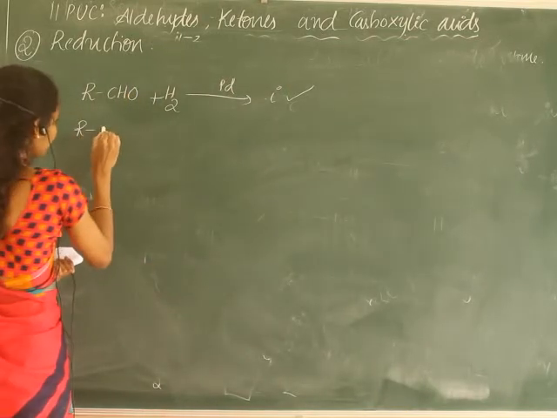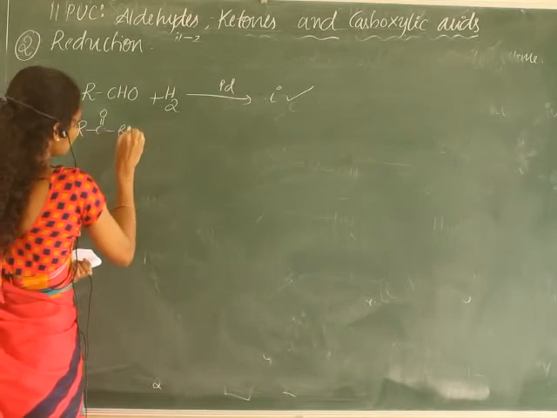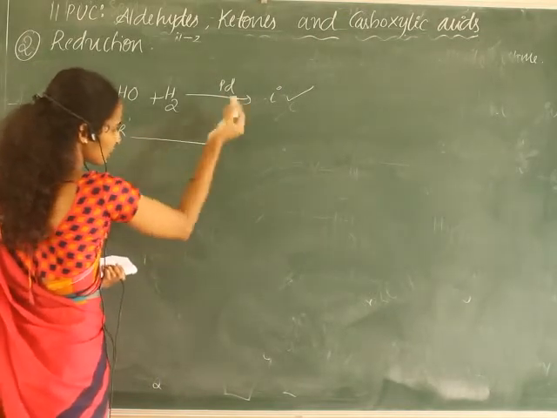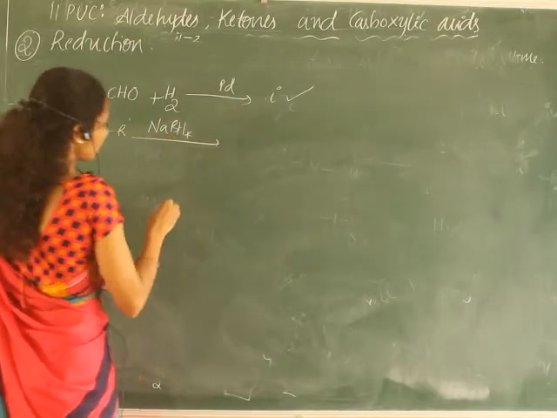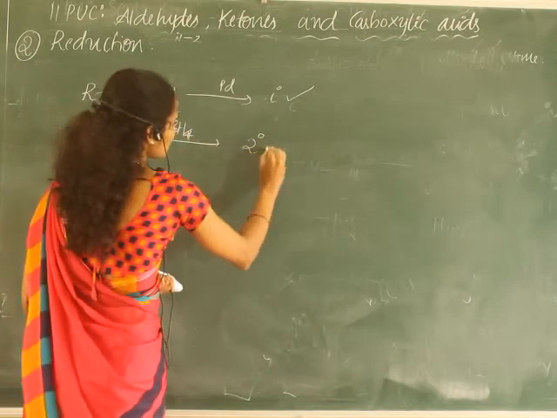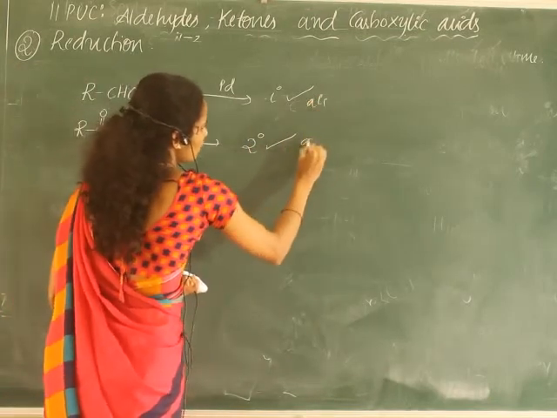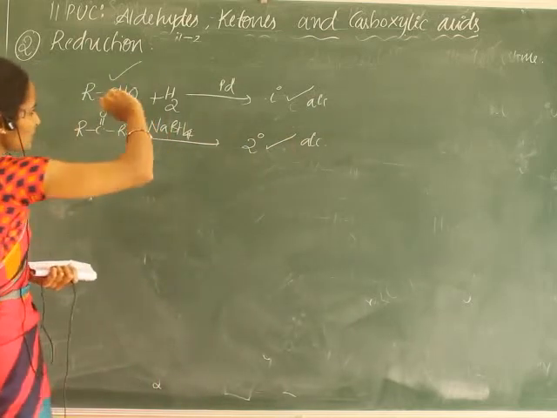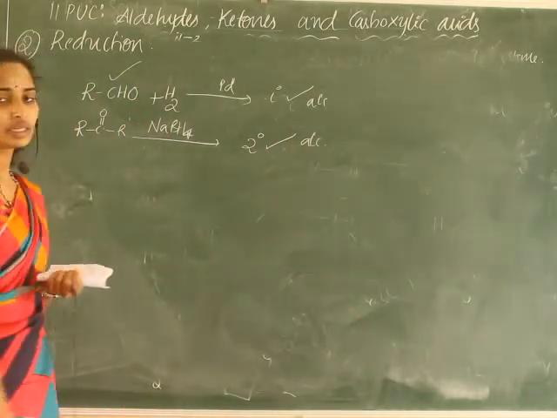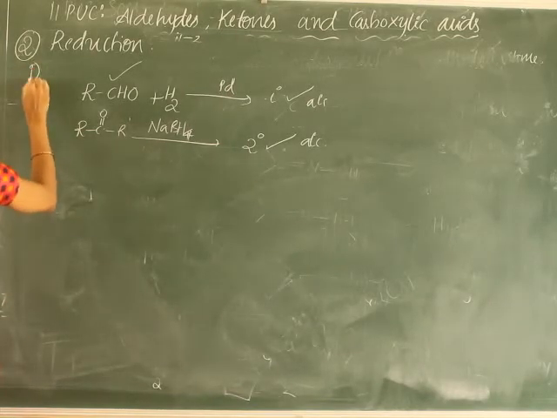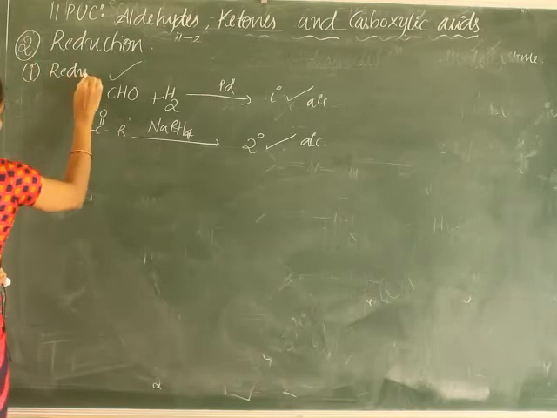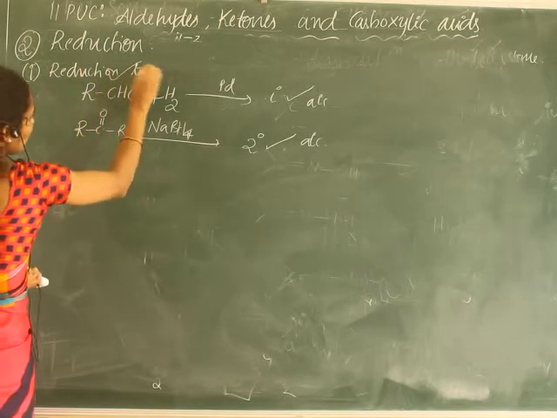And if we take a ketone as example, on reaction with hydrogen and catalyst or in presence of sodium borohydride or lithium aluminum hydride, it results in the formation of a secondary alcohol, right? Aldehyde always results in primary alcohol and ketones always result in secondary alcohol. Hope you remember these reactions. This is the first reaction in reduction, that is reduction to alcohols.